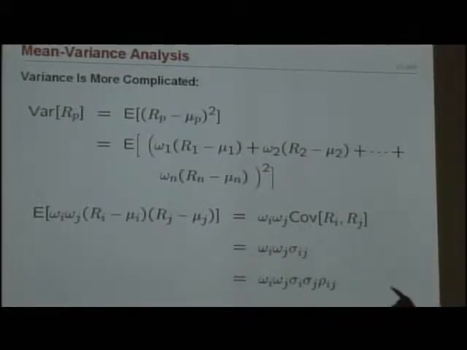And remember that the return of the portfolio is just a weighted average of the returns of the individual securities, and the mean of the portfolio is just the same weighted average of the means of the securities. So when you plug those relationships in, what you get is that the variance is simply equal to the expected value of the square of this long weighted average.